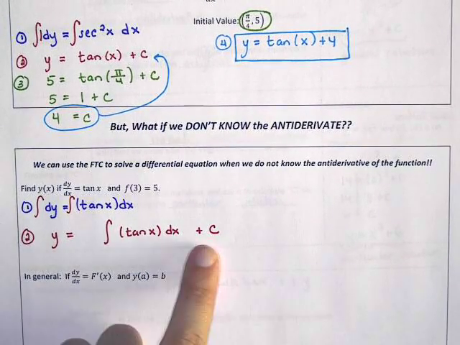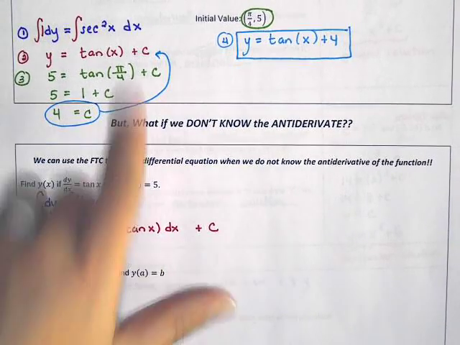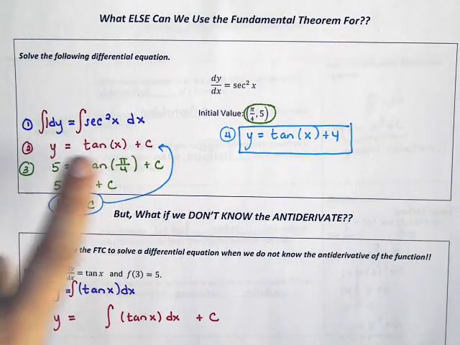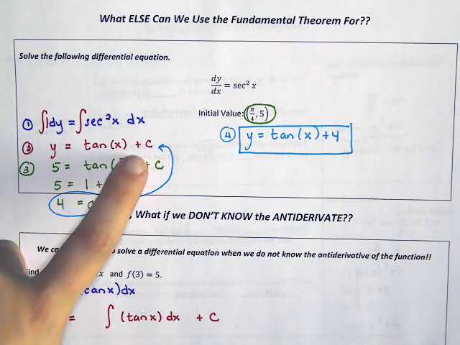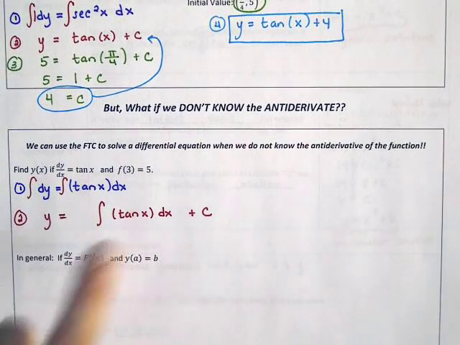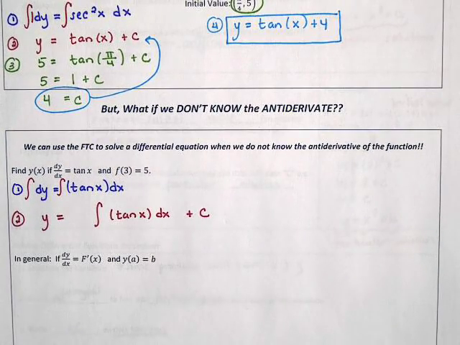Now you'll notice that this plus c is not inside of the integral, because if you think about where the c came from, it comes from doing the antiderivative of tangent separately and then adding c. That isn't something I know how to simplify, so I would kind of be stuck.